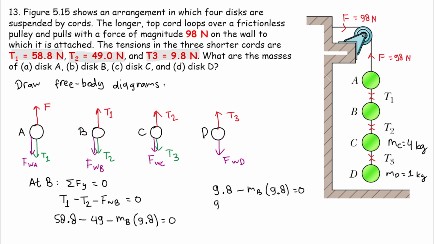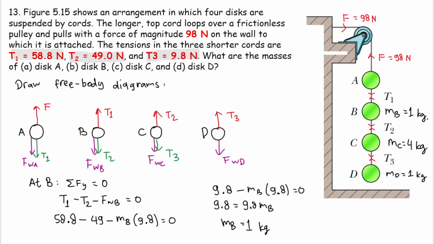And so I will have 9.8 is equal to 9.8 mass of B. We can divide both sides by 9.8, and that will be 1 kilogram. So the mass of B here is 1 kilogram.